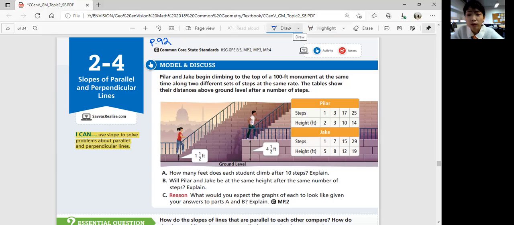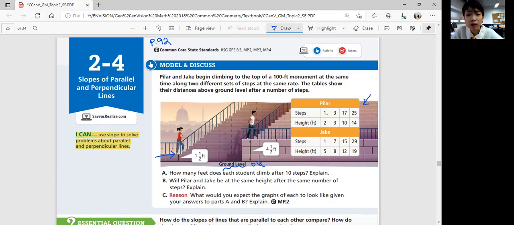So if you look at the diagram, you see that Pillar is 1.5 feet above ground level, which is over here, and that's 0 feet. And Jake began climbing from 4.5 feet above the ground level.